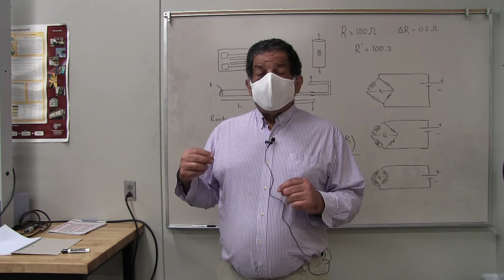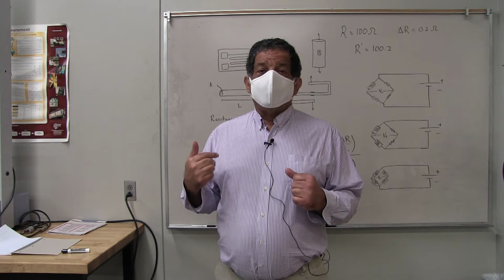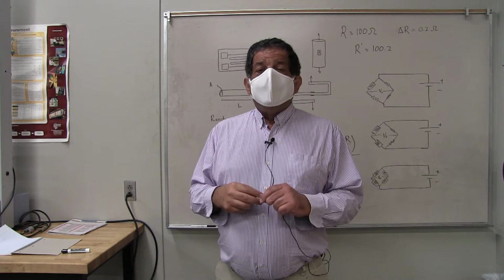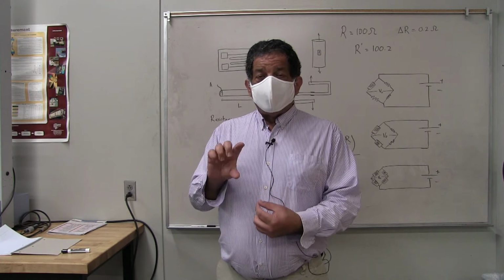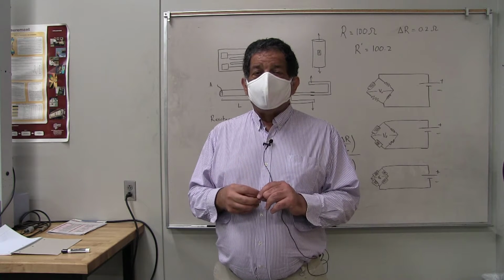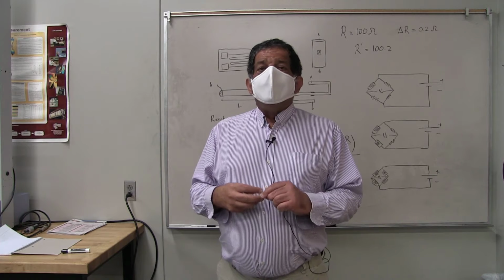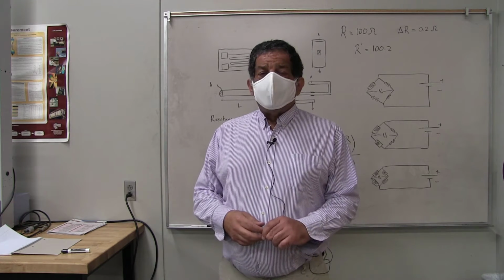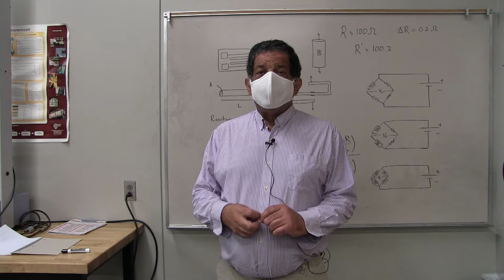And in our experiments where we do tension tests and the experiment where we do torsion, the load cells, the devices that actually measure the tensile force, as well as the device that measures the torque that you apply to your torsion specimen, also use resistance strain gauges. So these are objects that we use in the lab a lot. It's a good thing for you to become familiar with them.